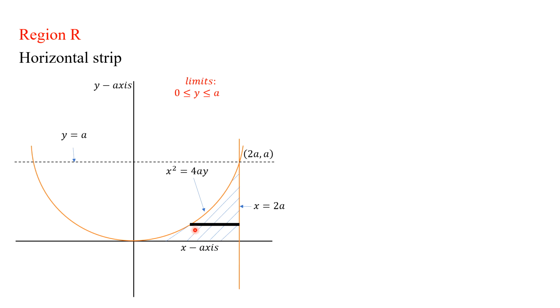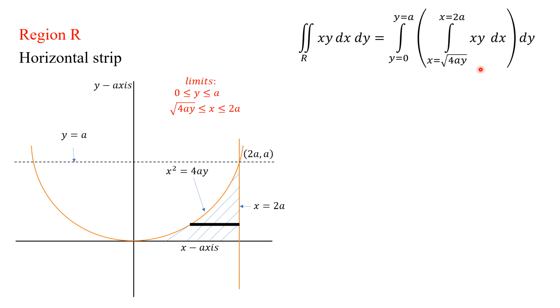To find the limits of x we have to see how the left end of the strip varies, which gives the lower limit. The left end of this strip varies according to the parabola x square is equal to 4ay, that is x is equal to under root 4ay. So that is the lower limit of x. The right end of the strip varies according to the straight line x is equal to 2a, so x is equal to 2a is the upper limit of x. Therefore, limits of x are under root 4ay to 2a.